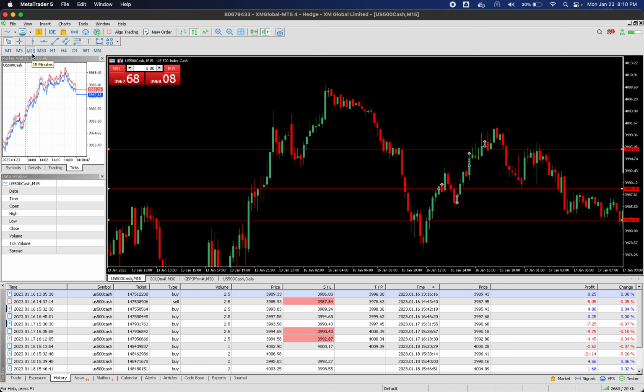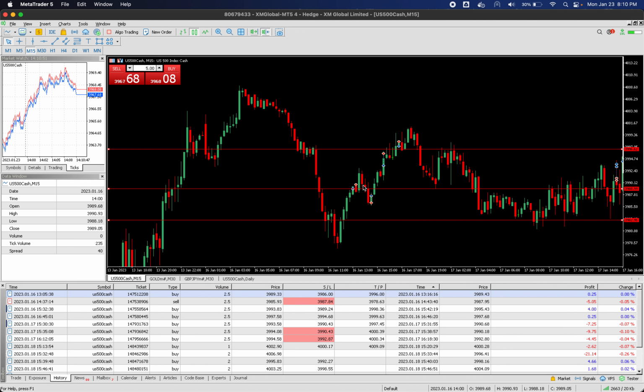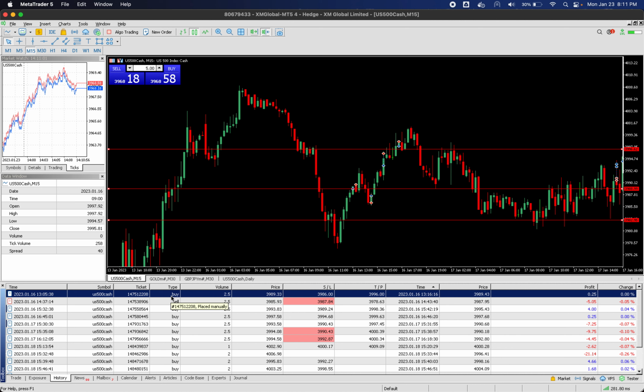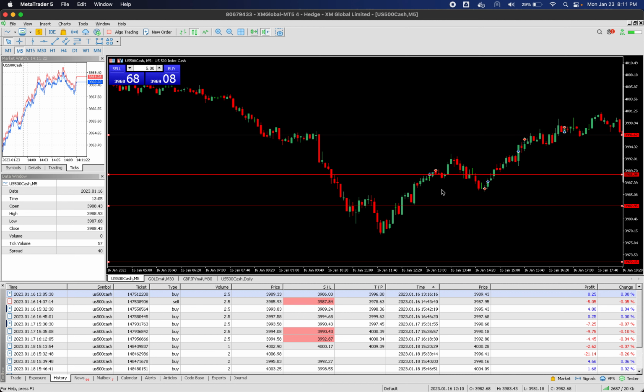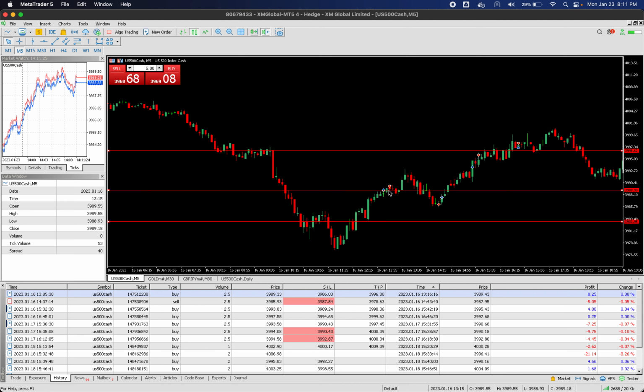Why? Because in the lower time frame, this is what happened. In the lower time frame, nothing. Right, my bad. So the trade that I put in, it was, all right, I'm a little confused now. Okay, my bad, I'm on the 15-minute candle. Anyway, that was the trade. So I opened and then I closed here.